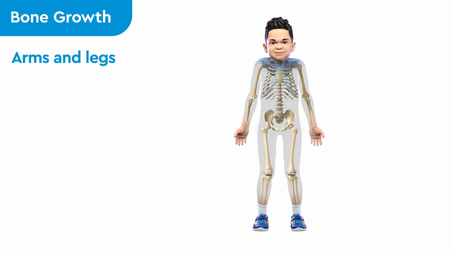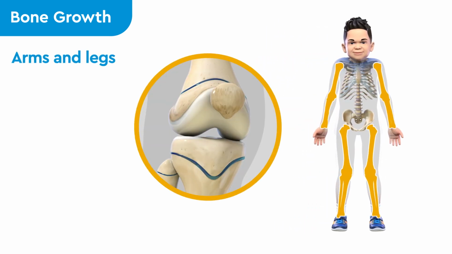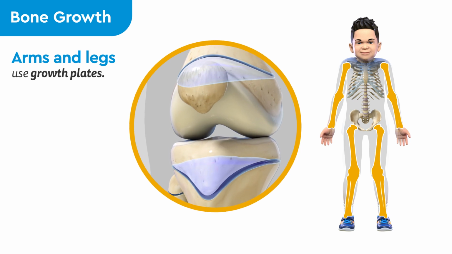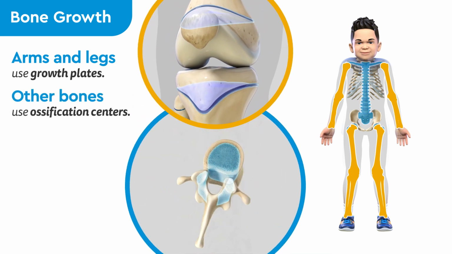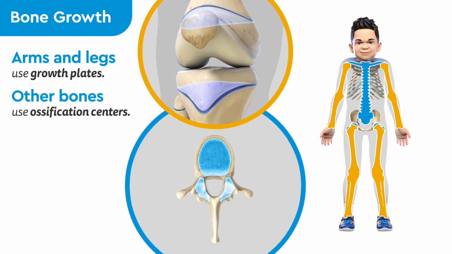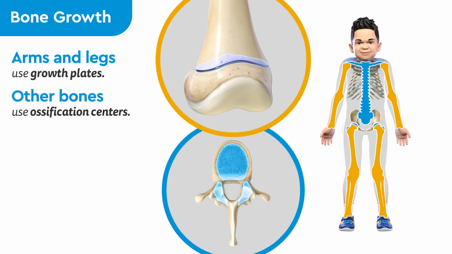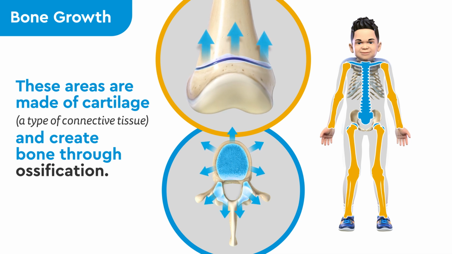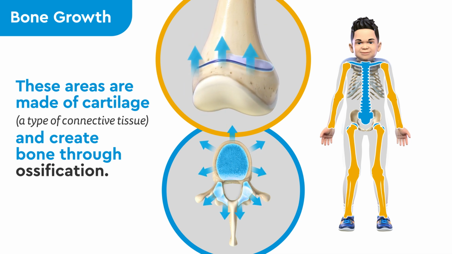In the arms and legs, bones grow from special areas called the growth plates. Other bones, like the spine, use ossification centers. These areas are made up of soft cartilage, a type of connective tissue, which slowly create new, hard bone through a process called ossification.